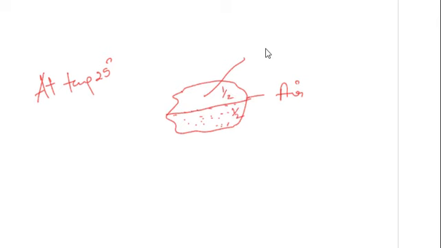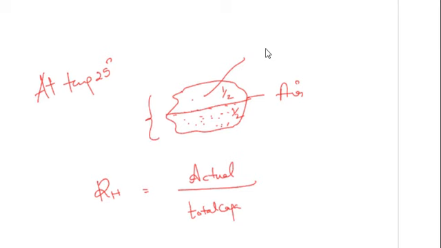Now, what relative humidity says is the actual humidity divided by its total capacity. What is its capacity? That is this whole, half plus half. Let it be 1.